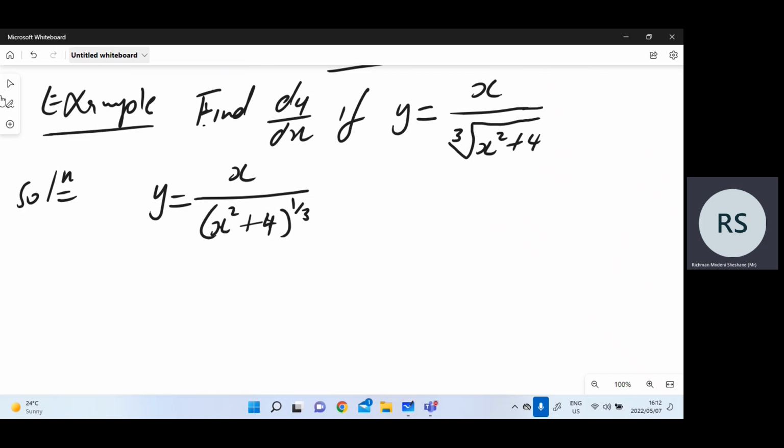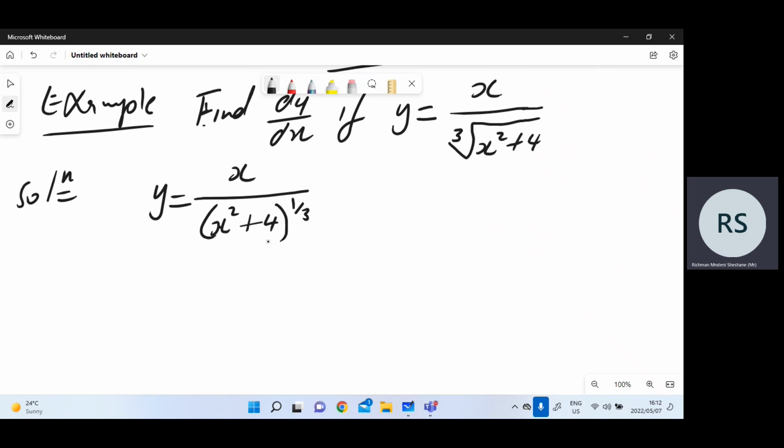This is my function, okay? So I can write this function as x over x squared plus 4 to the power of 1 over 3.